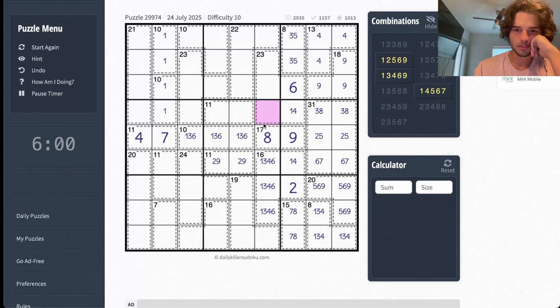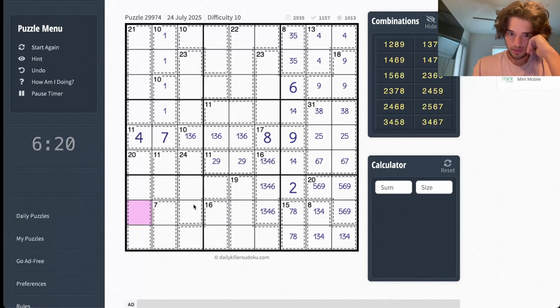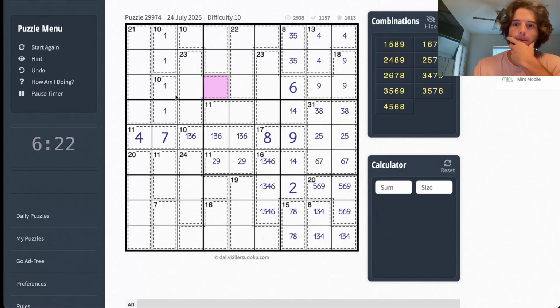Now, what else? Just gonna click around for maybe some low digit cages that might help here.